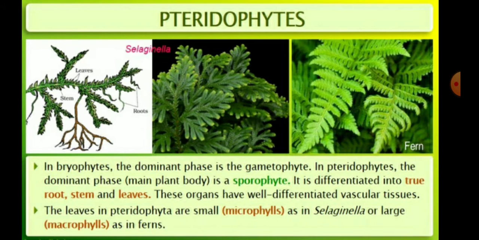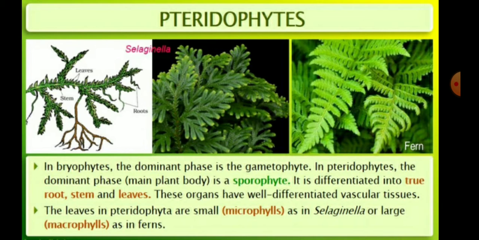Children, examples of pteridophytes like Selaginella and ferns you can see in this diagram. The leaves, stems and roots are present, so we call them true roots, true stem and true leaves. In bryophytes, the dominant phase is the gametophyte.